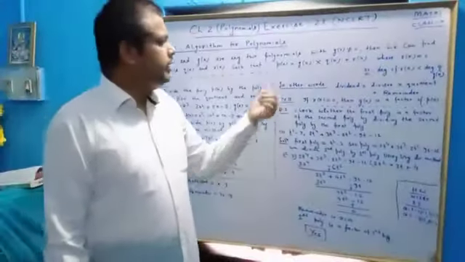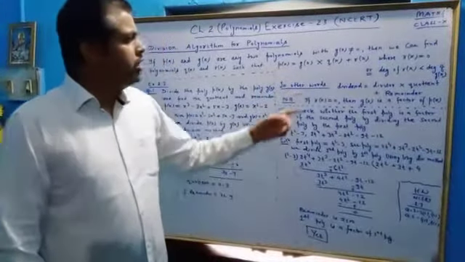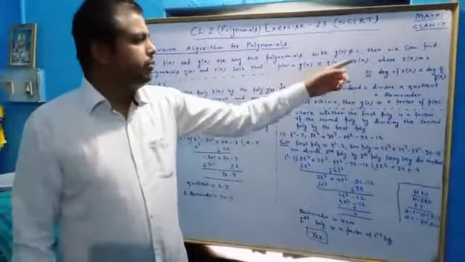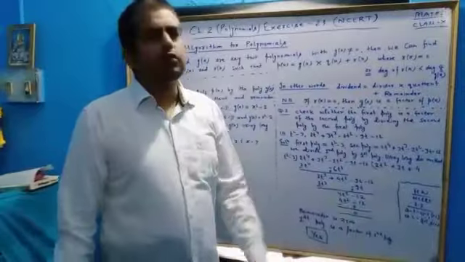That means dividend is equal to divisor into quotient plus remainder, and where r(x) is equal to 0.